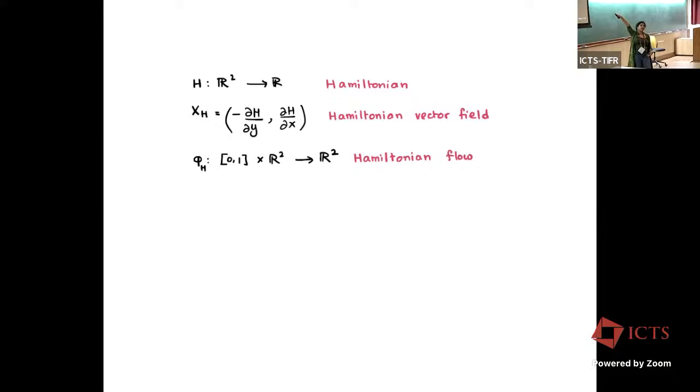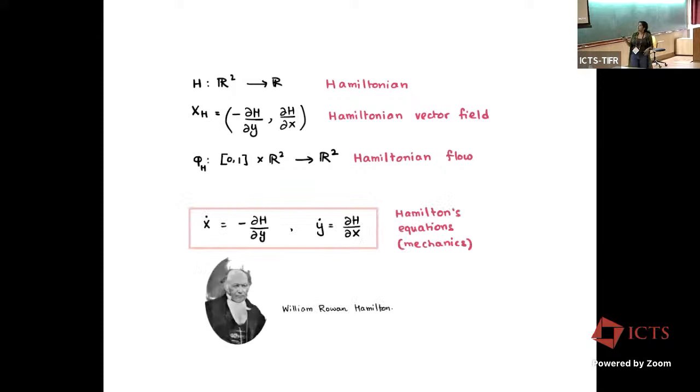I've taken time only between 0 and 1, but you can take other values. For any time between 0 and 1, you will get a function from R² to R², which is every point moving together according to the rules given by XH. That movement was given by these equations, and this is a picture of Hamilton, after whom all this is named. Okay, so all this happened.